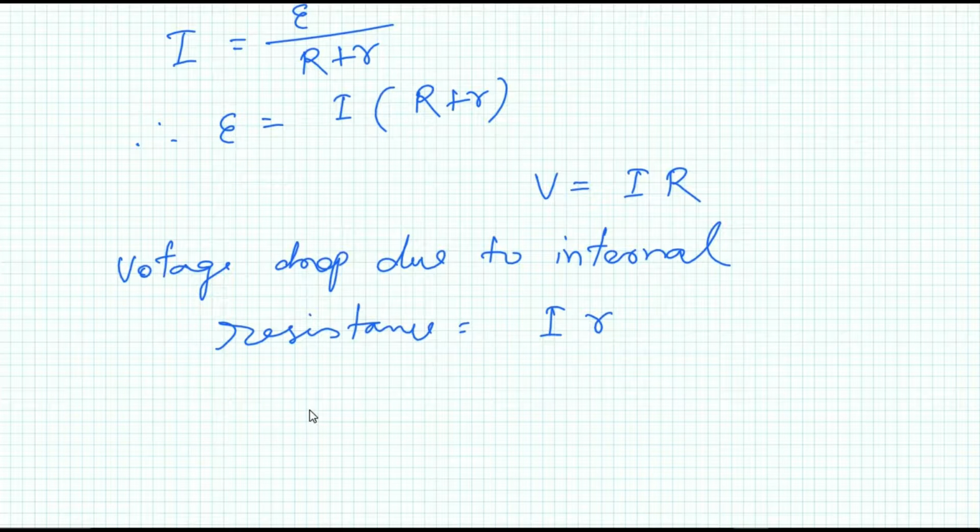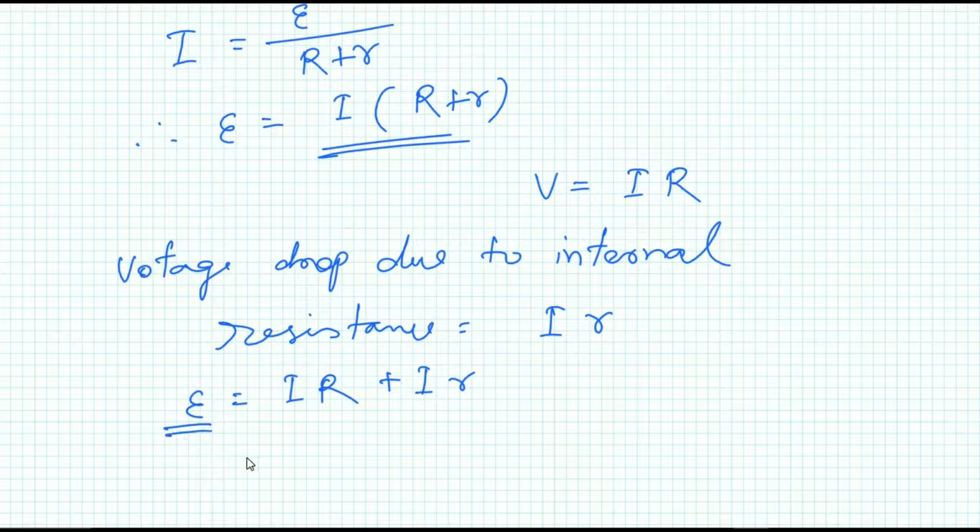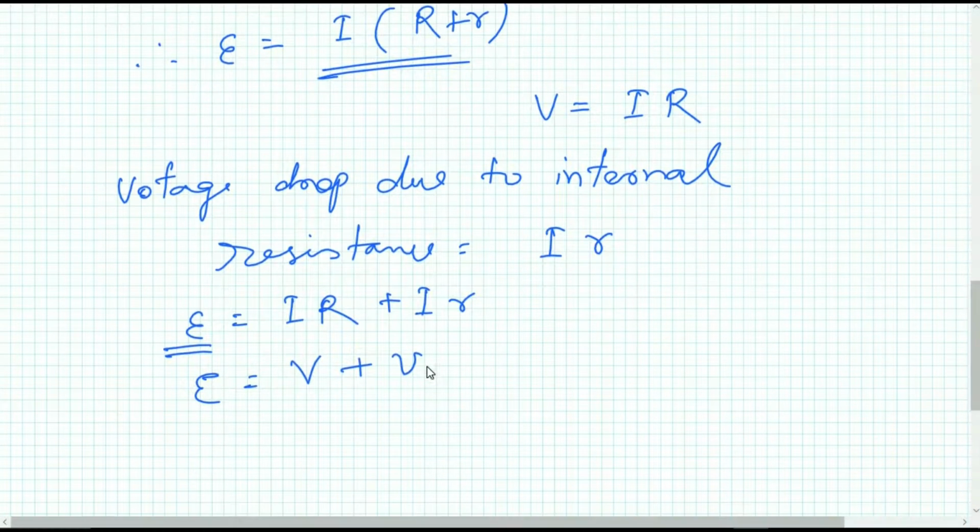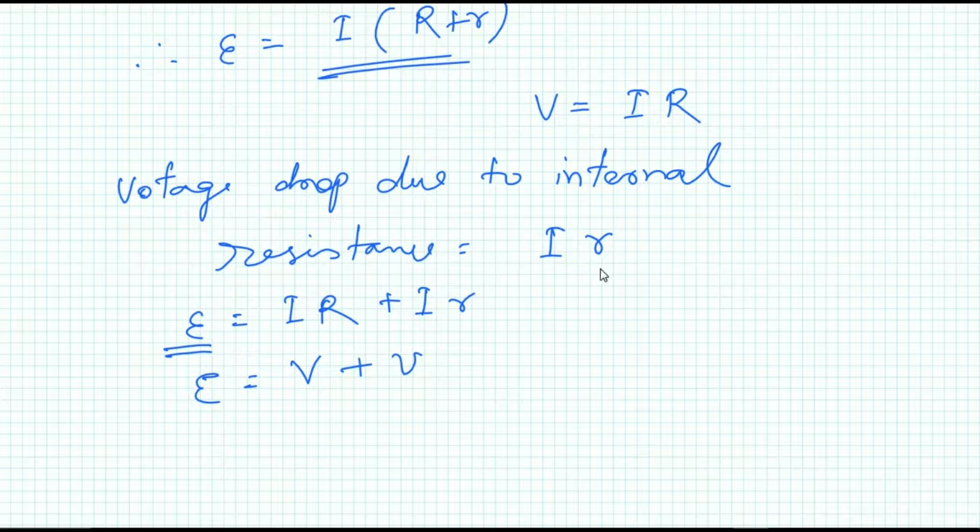So we can write this equation as I into capital R plus I into small r. That means EMF equals the terminal voltage plus the voltage drop due to the internal resistance of the cell. This one is equal to small v.